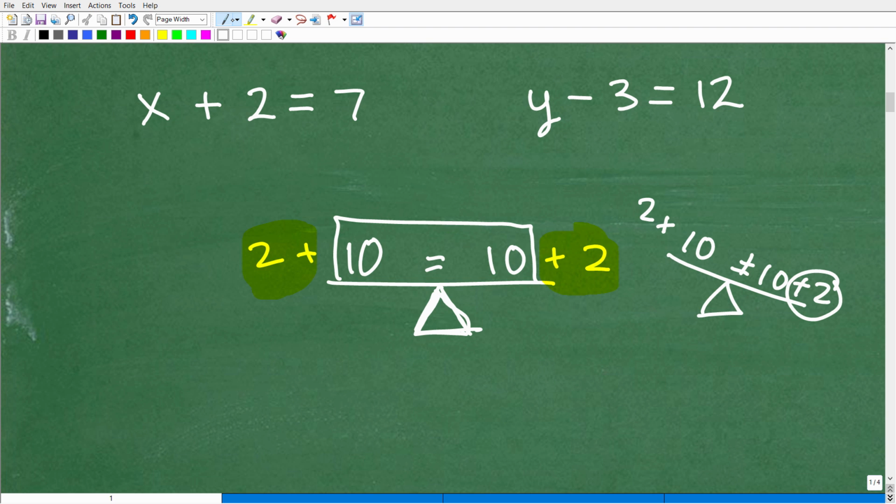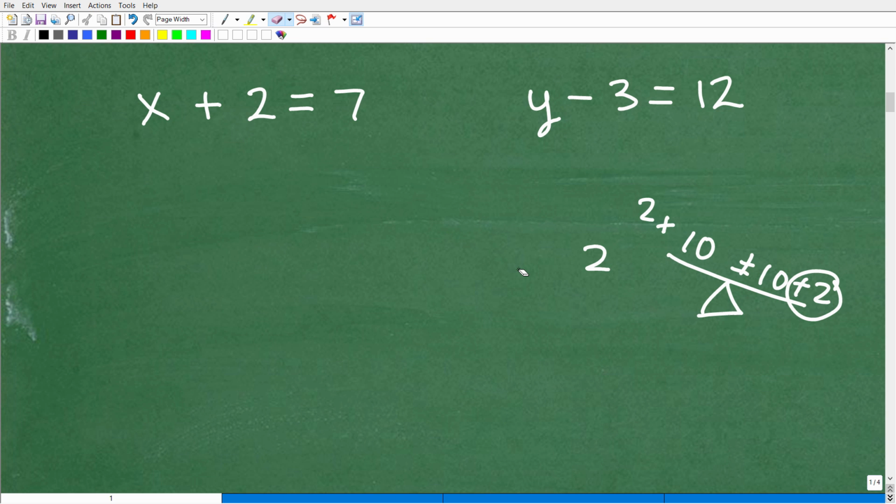If you think about keeping your equations in balance as you work, you're going to be fine, because effectively you can do pretty much whatever you want when solving an equation, but you have to do things equally to both sides. So keep that in mind as we go through these steps.